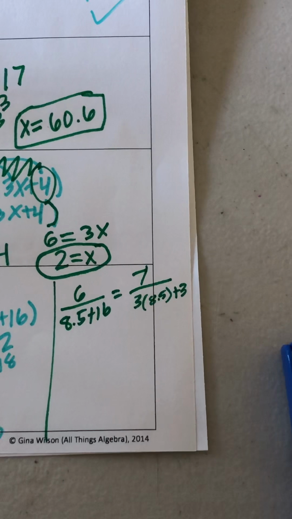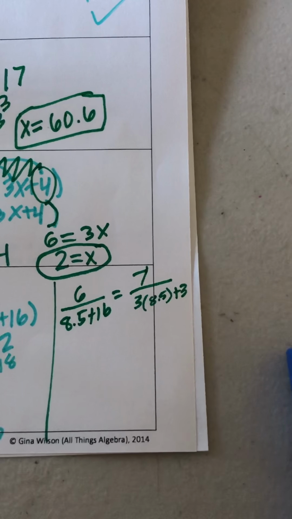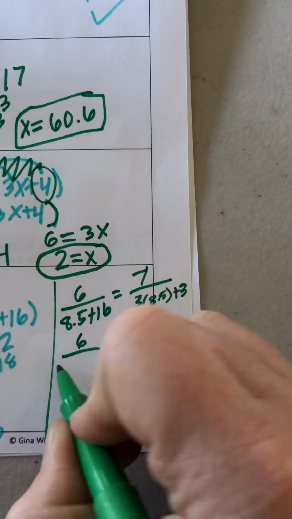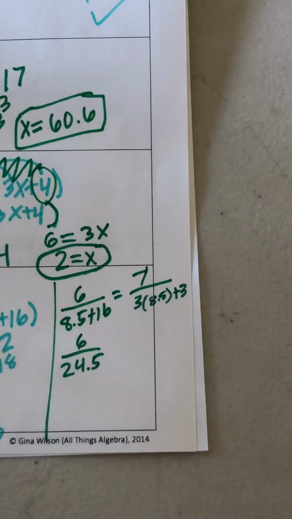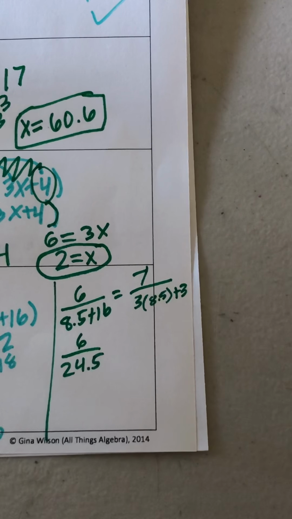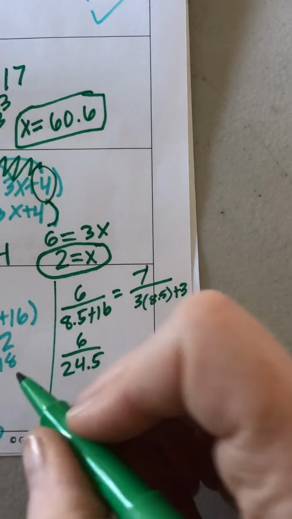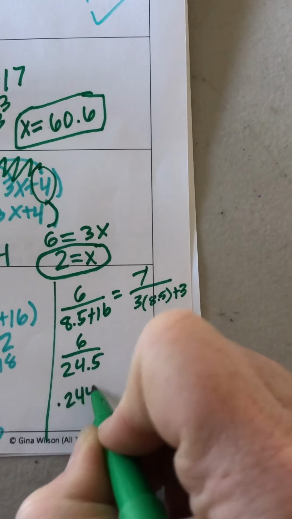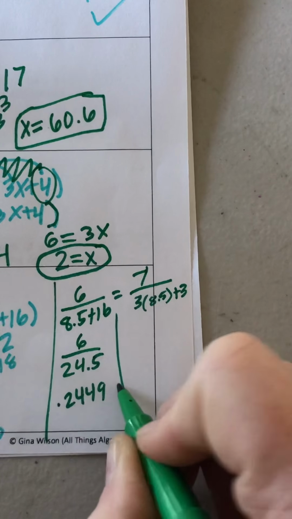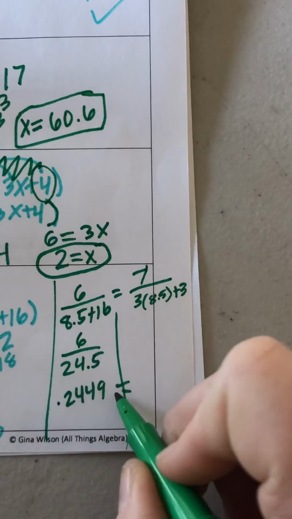Okay, so if I went and plugged in 8.5 for x, on the left side, I'd have 6 over 24.5. Okay, and I'm gonna go ahead and just do that. 6 divided by 24.5. That gives me 0.2449, okay? And I wanna see if it's equal to the other side.